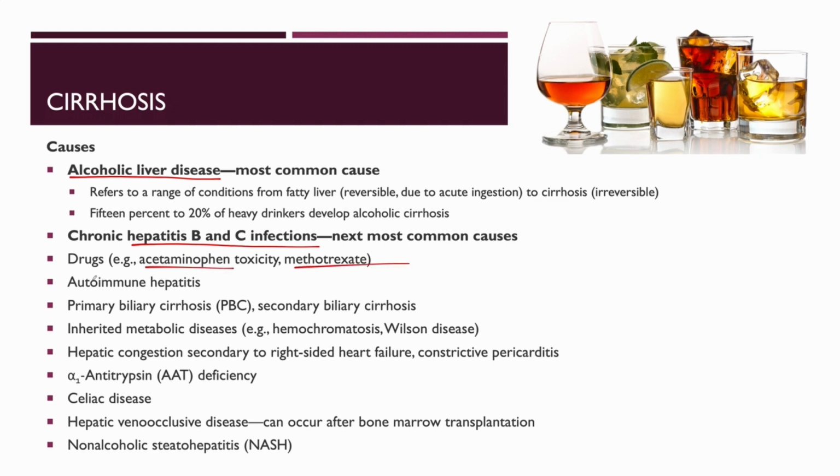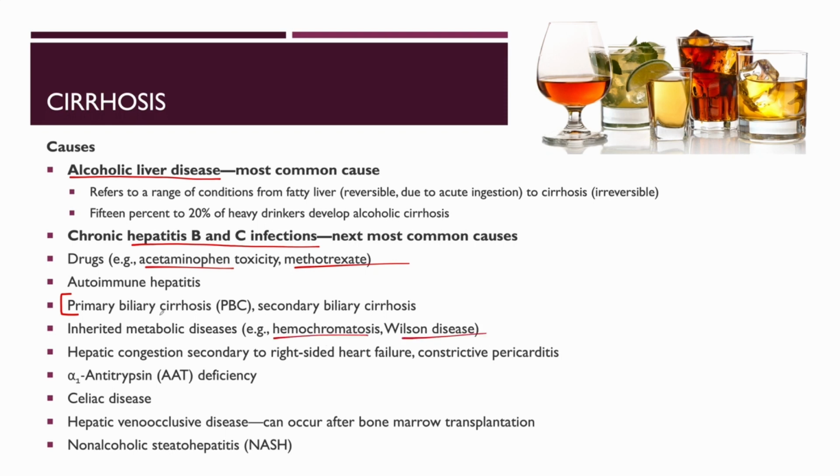There is autoimmune hepatitis, which we won't really go into. Primary biliary cirrhosis and secondary biliary cirrhosis we will cover in the lecture with the gallbladder and pancreas, because it does have to do with the biliary tree.